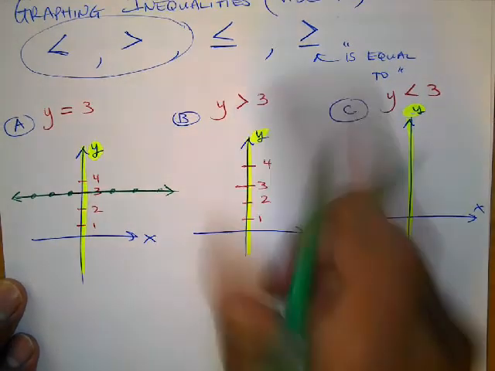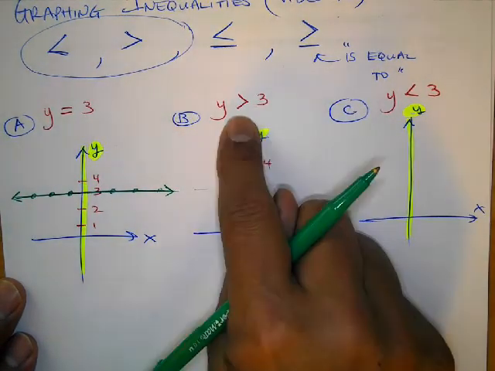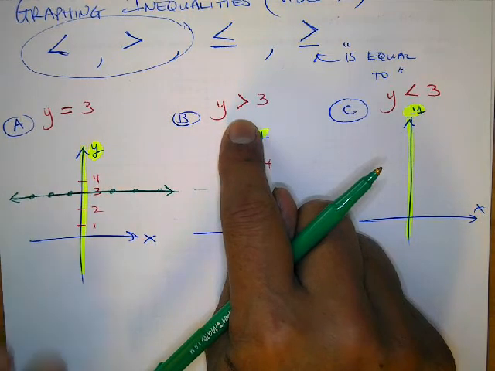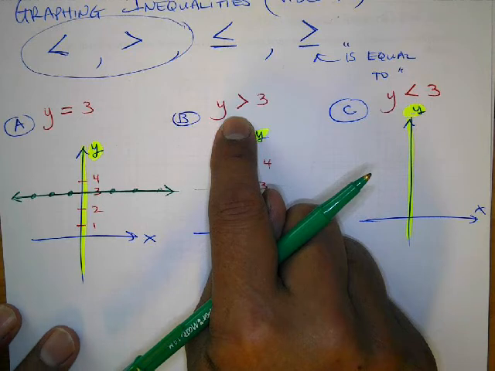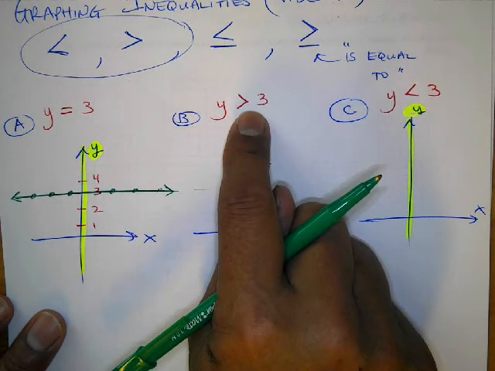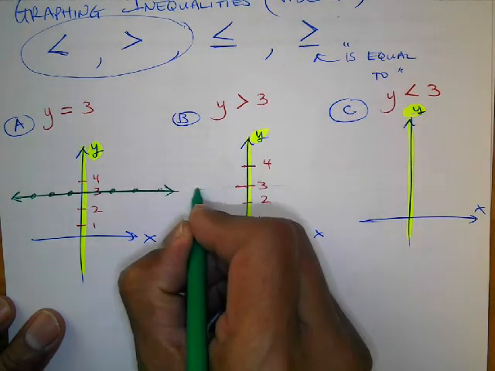But when it doesn't have this little line on it, it's not a solid line. It doesn't include the 3. It's like saying, pick a number greater than 3. Well, you can't pick 3. It has to be a number greater than 3, like 4 or 3.2. It can't include the 3 because it doesn't have the little line on the bottom.